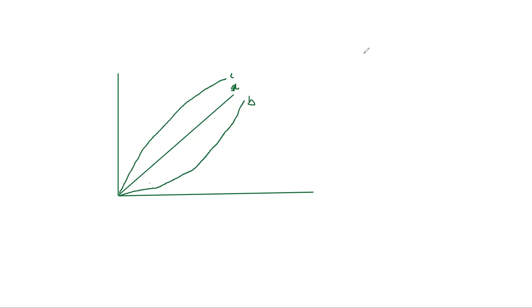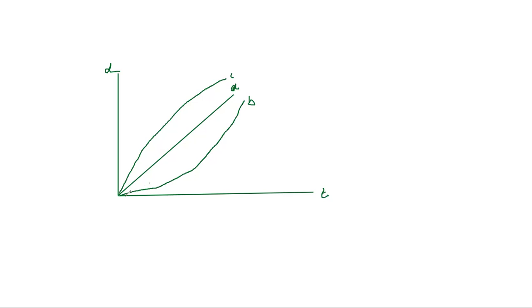It would cover a distance of 10 miles in every hour. So if it keeps on moving at 10 miles per hour, in 10 hours it would cover a distance of 100. So if the graph of displacement and time is linear, as shown in A, the velocity in this case is constant.